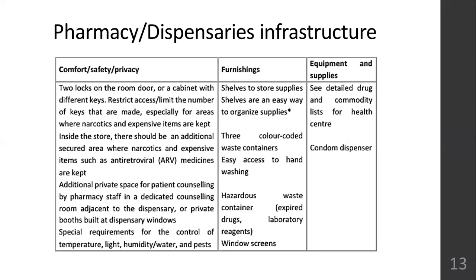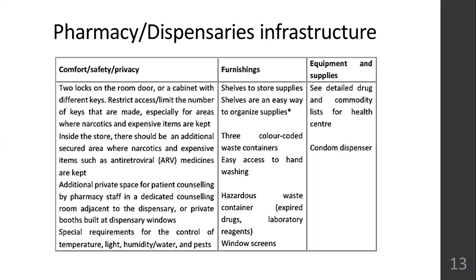Then the pharmacy and dispensary infrastructure. There should be restrictions on the number of keys that you can make, so that access is not possible for everyone, especially if narcotics and heavy expensive items are kept in the dispensary. Too many keys should not be distributed. A private space along with the pharmacy can be made for patient counseling.